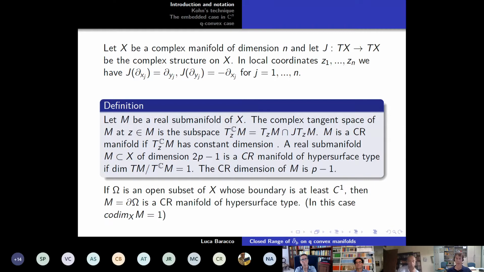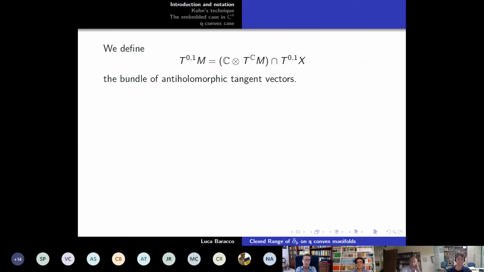An easy example: suppose that omega is an open subset of X with a reasonably smooth boundary, then the boundary of this set is a CR manifold of hypersurface type, and indeed is a hypersurface in the usual sense.